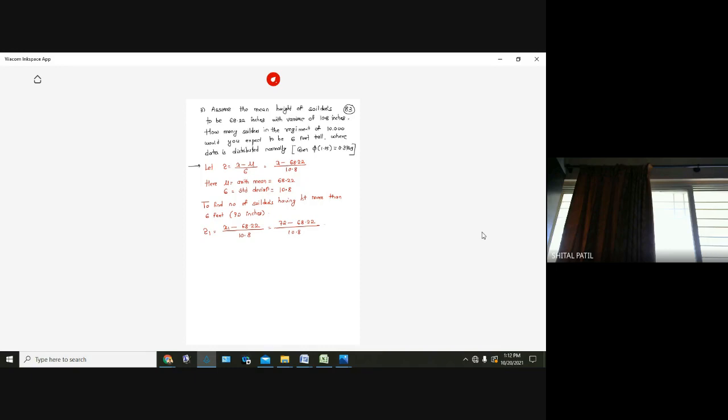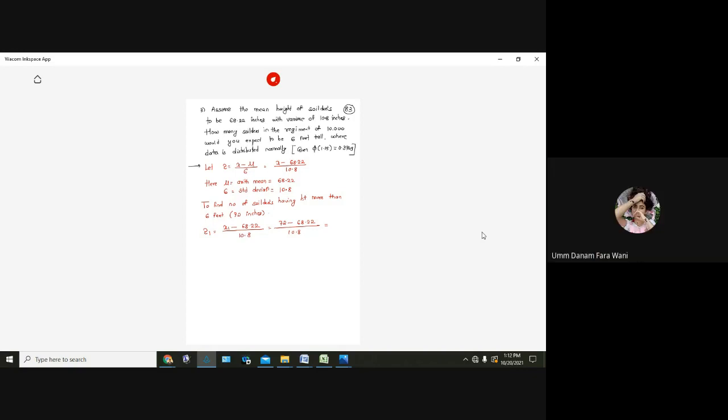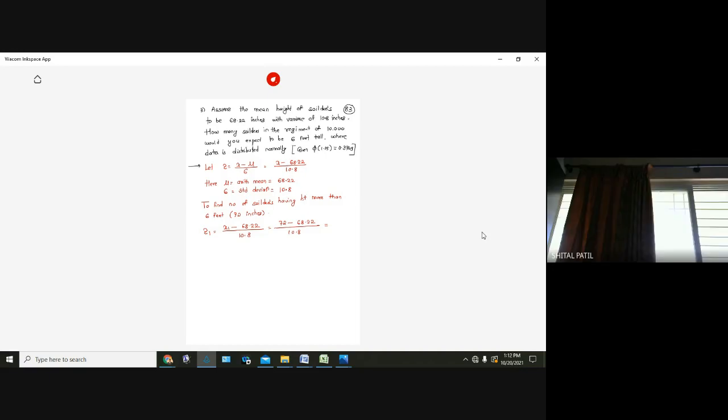Yes, find this value. How much is this? 0.35. Then why this 1.15 is given?